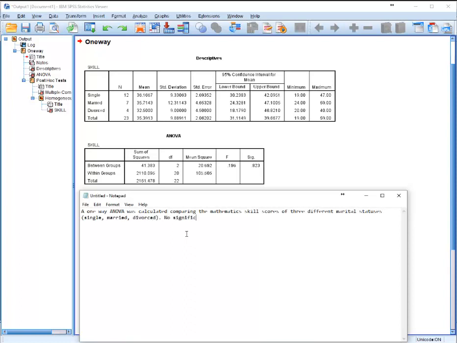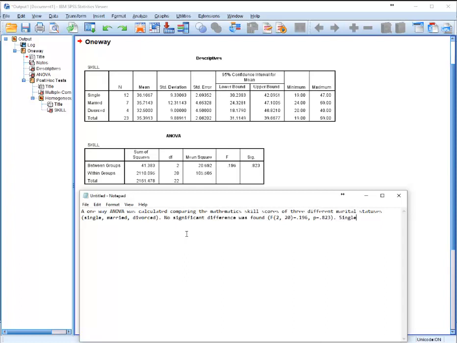No significant difference was found, which would be an F of 2 and 20 degrees of freedom is 0.196, which gave us a P of 0.823.